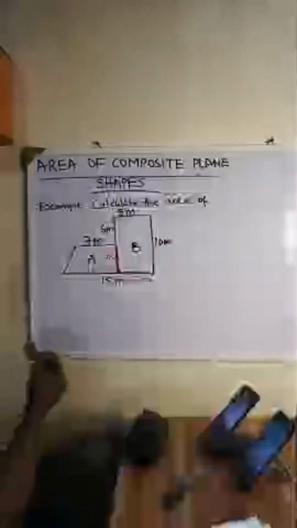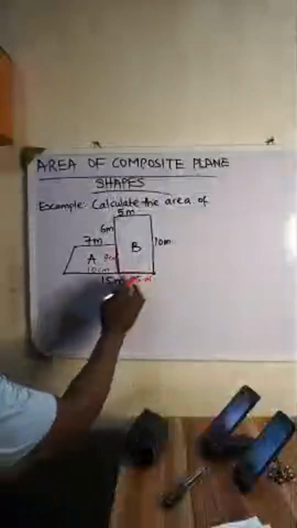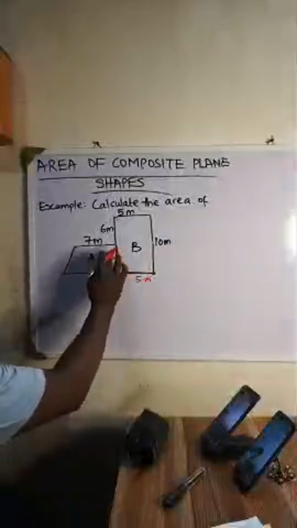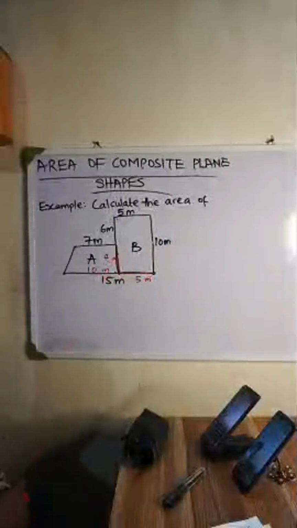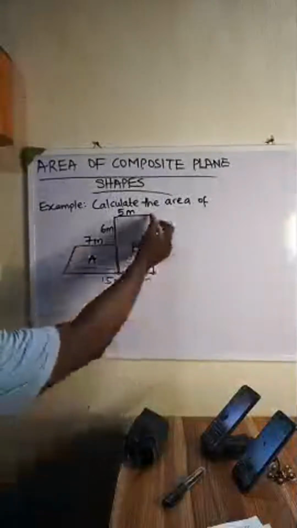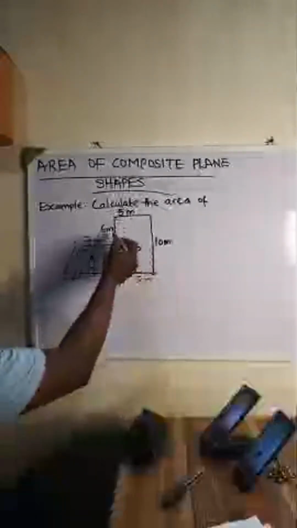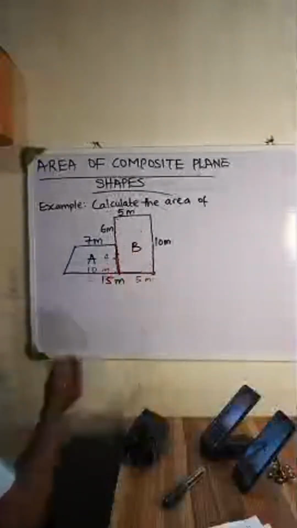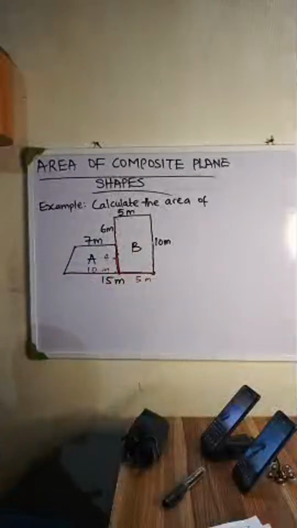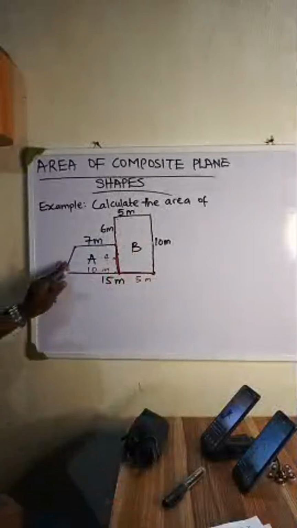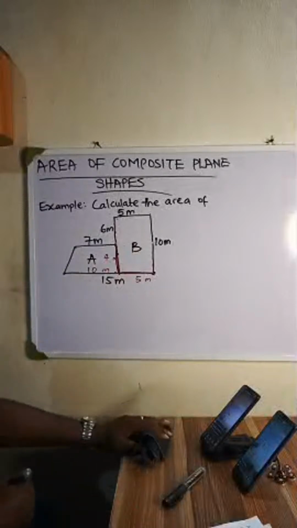Sorry, not centimeters, meters. I'm used to centimeters. It's going to be 4 meters. So from here to here is 10, from here to here is 6, that means from here to here is going to be 4. To calculate the area of this shape, the trapezium, we need to apply the formula for calculating the area of a trapezium.